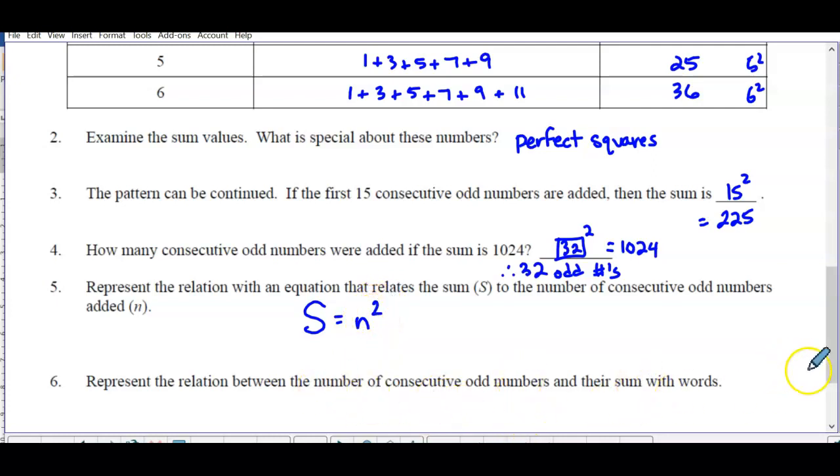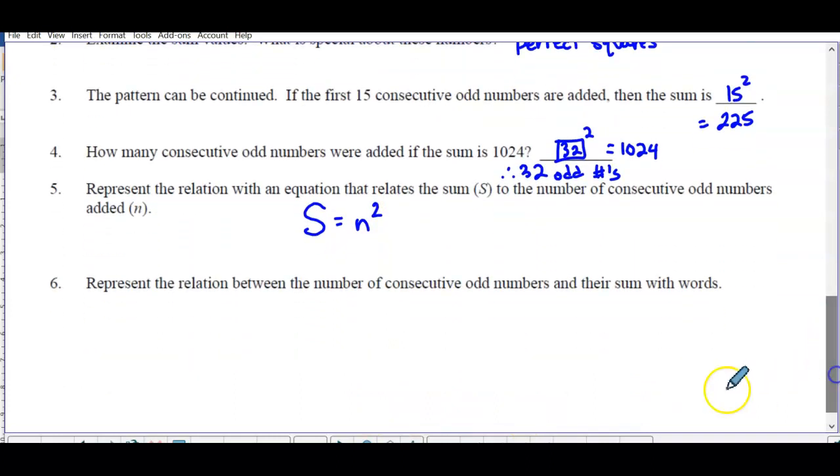Represent the relation between the number of consecutive odd numbers and their sum with words. Well, before we did this with words first.